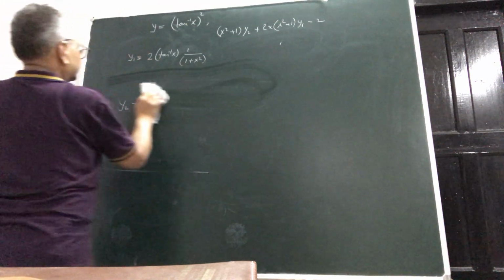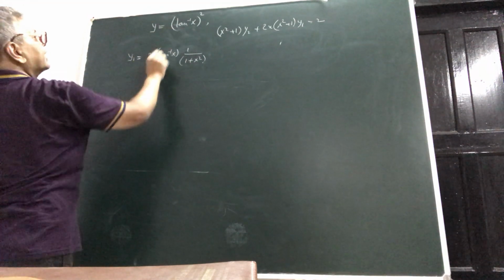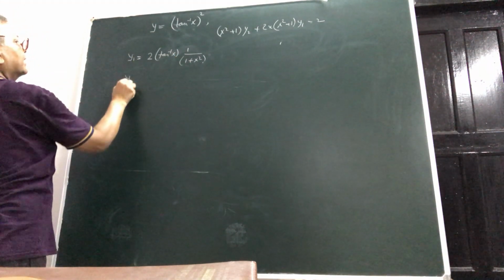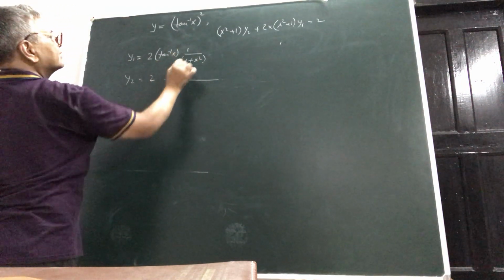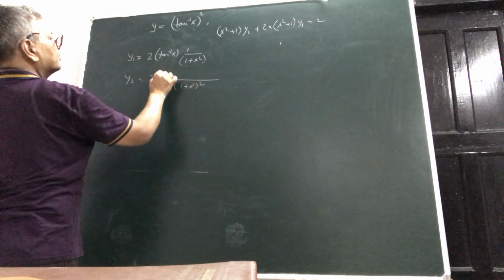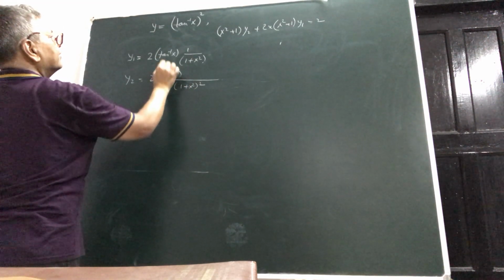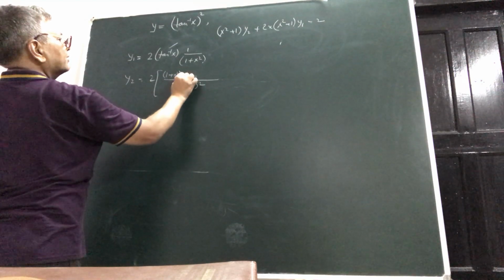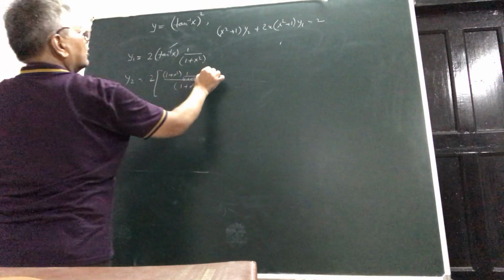I am doing it again, please check it. Here, y1 is 2 tan inverse x upon 1 plus x square. Y2 is what? 2 into this whole thing, tan inverse x upon 1 plus x square. So the denominator is squared, and the denominator is 1 plus x square. Derivative of tan inverse x is 1 upon 1 plus x square, minus how much?